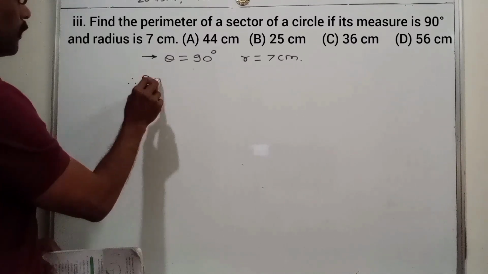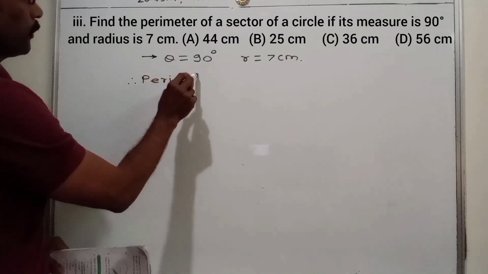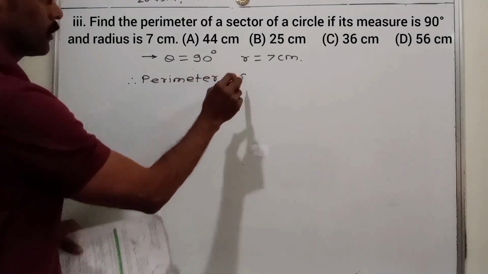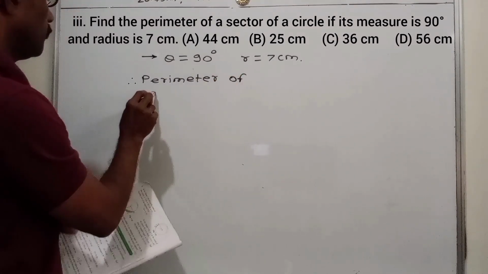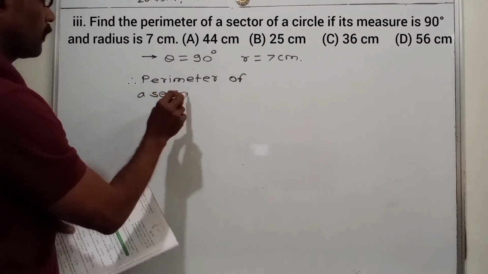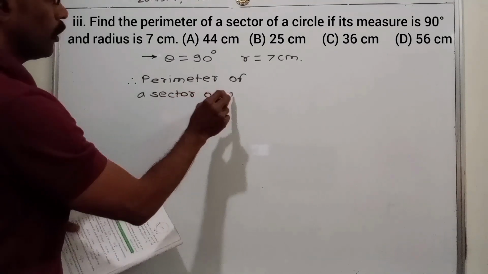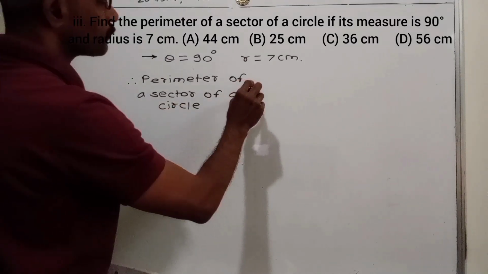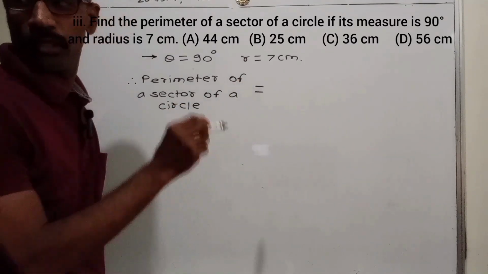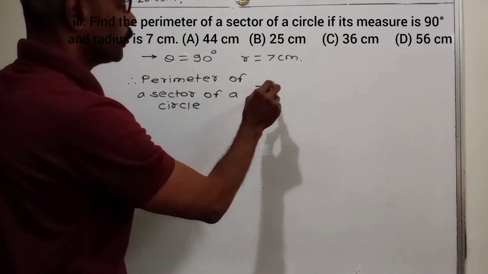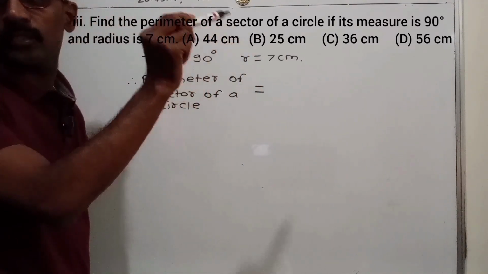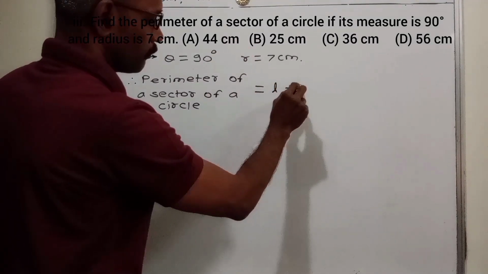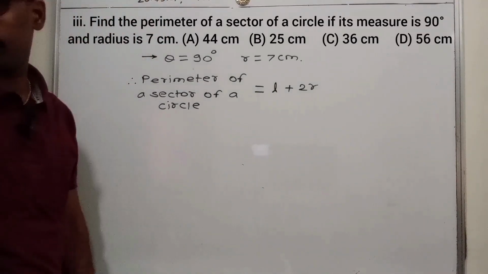Therefore perimeter of a sector of a circle is equal to length of an arc plus 2r.